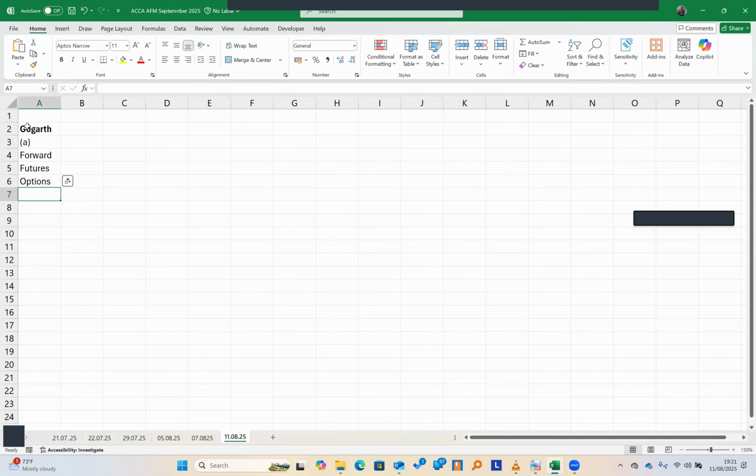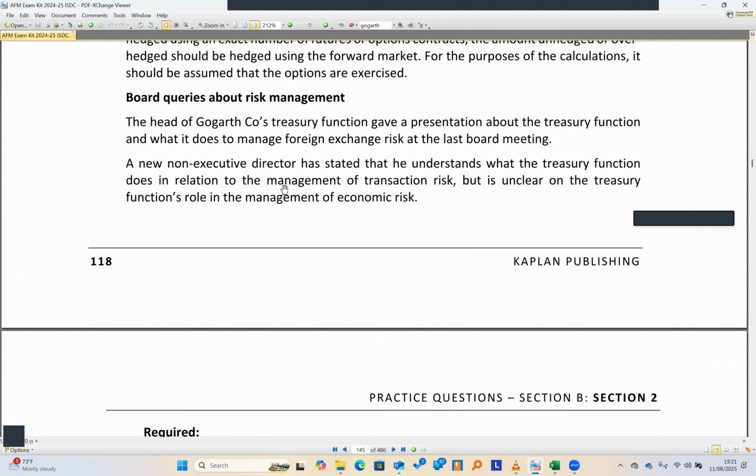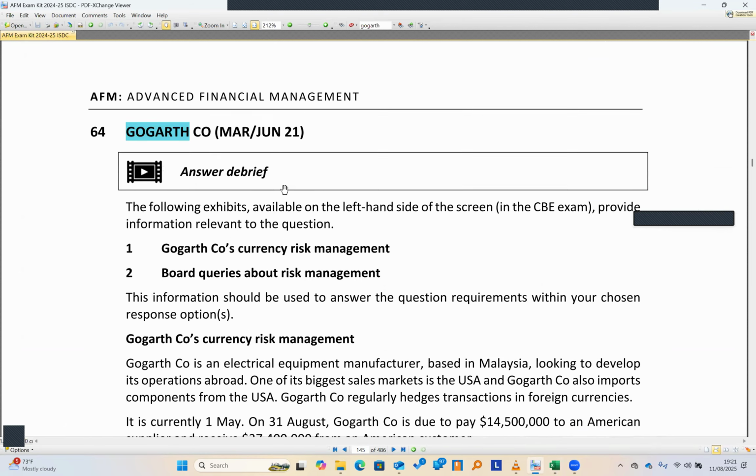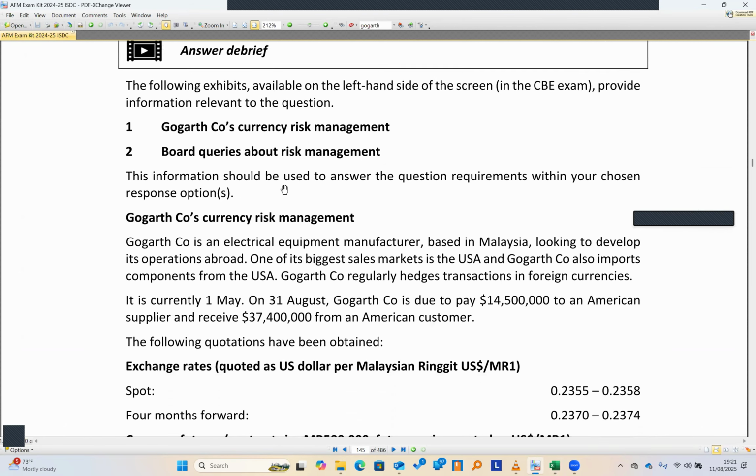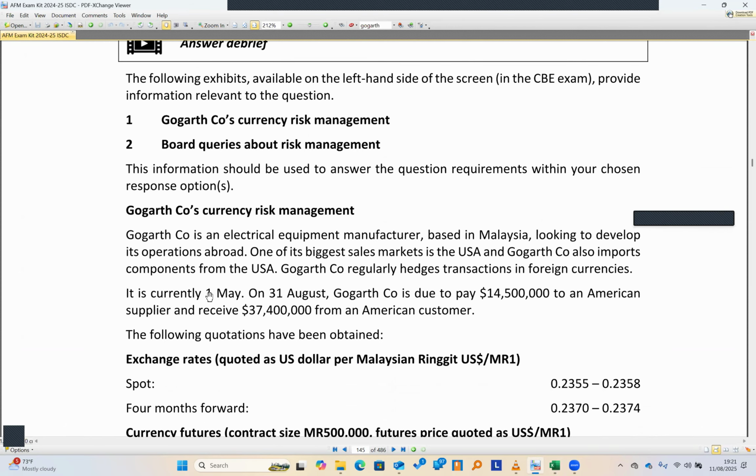So we have to determine what is going to be the output of the transaction under these three methods. Now, first of all, what we need to know is that it's first May. So May, June, July, August. Those are 4 months. And that's why they have given us a 4 months forward rate.